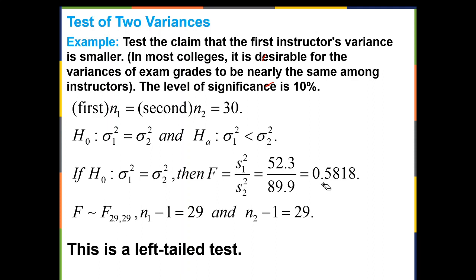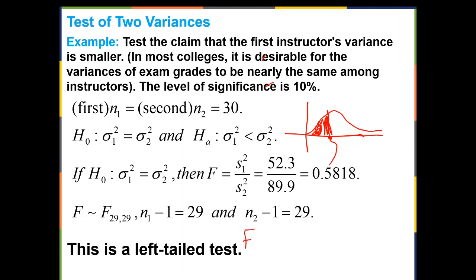So the p-value would be the left. This is a left-tailed test, right? So this means that our F distribution looks like this, right? And this number ends up being here maybe. So we have to find the area to the left of it. And we can do that using what?